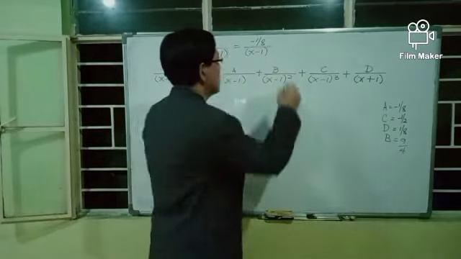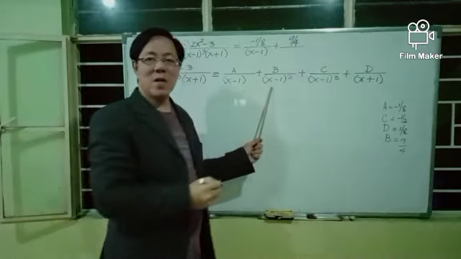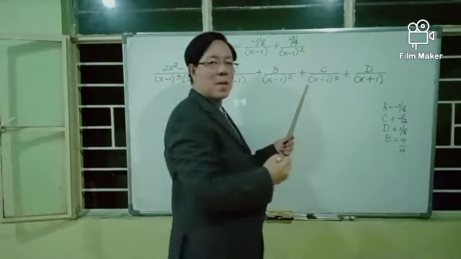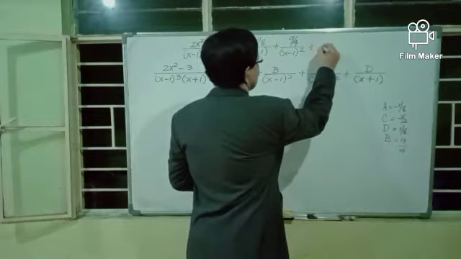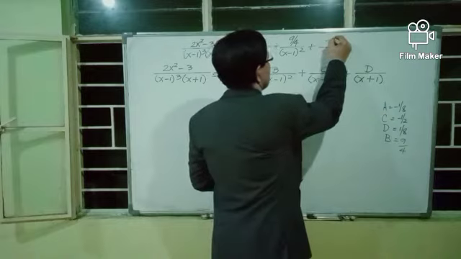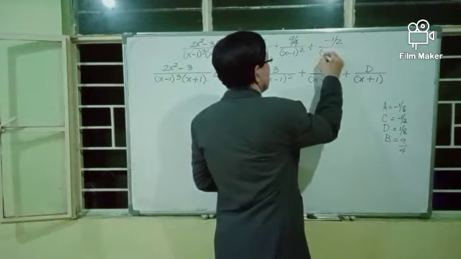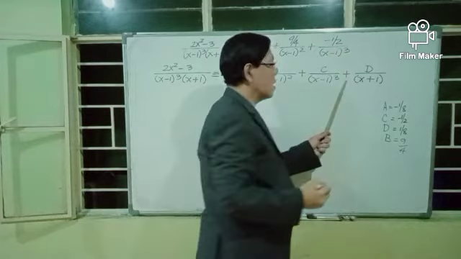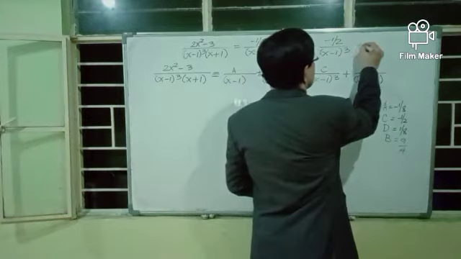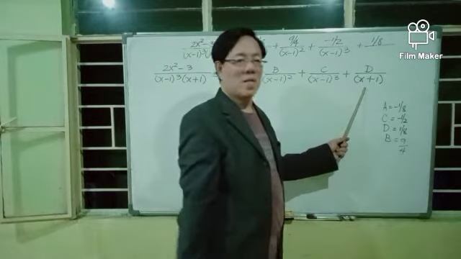B is 9/4 over x minus 1 squared, plus c, and the value of c is negative 1/2 over x minus 1 cubed. And the last term is plus d, where d is positive 1/8 over x plus 1.